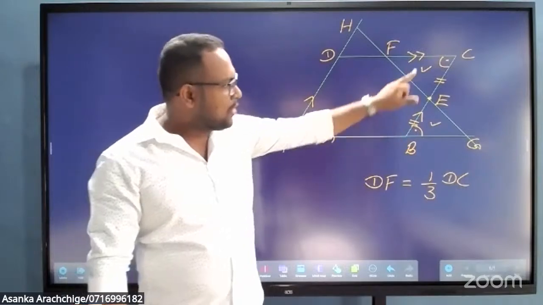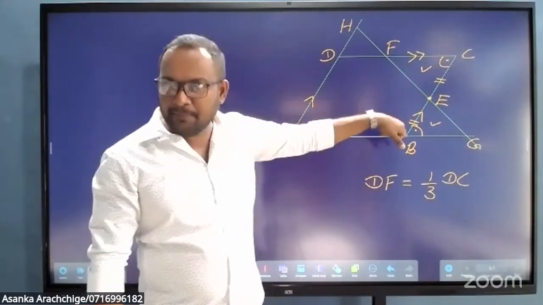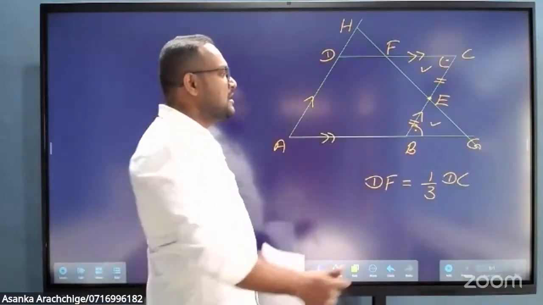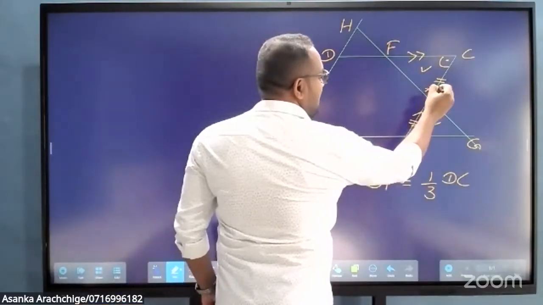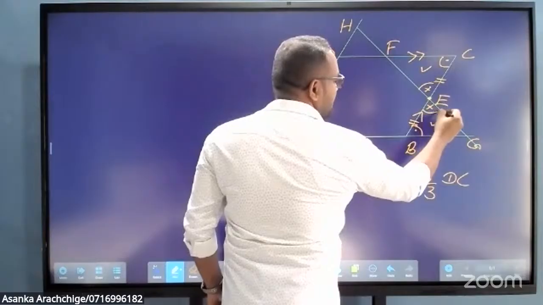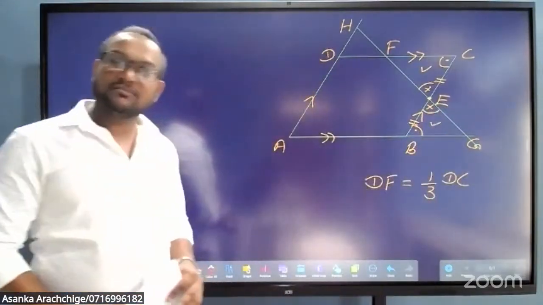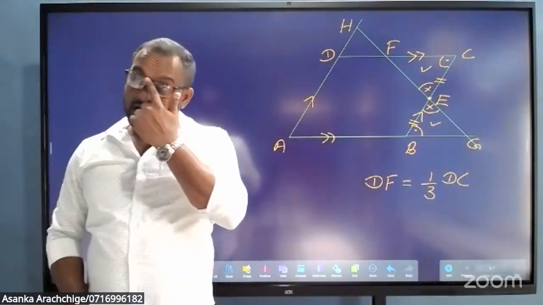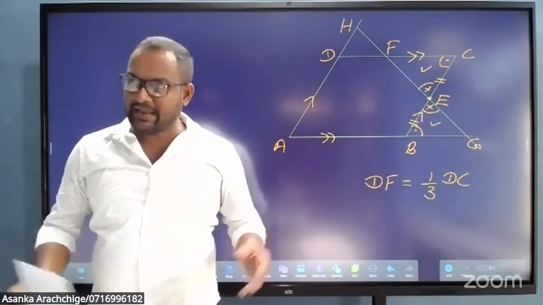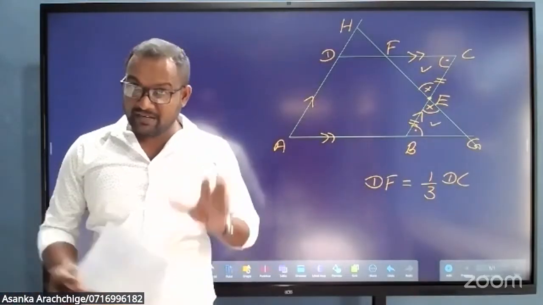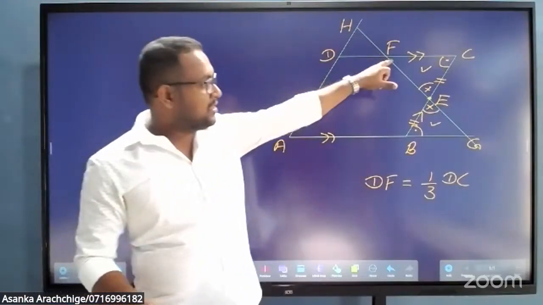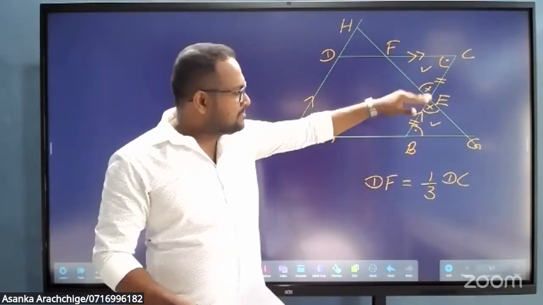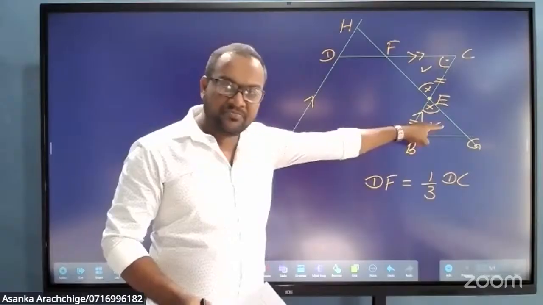But instead of taking the same type of pairs of angles, I take this angle and this angle, because these 2 angles are also equal, as they are vertically opposite angles. Understood? It doesn't matter whether you take this pair or this pair.